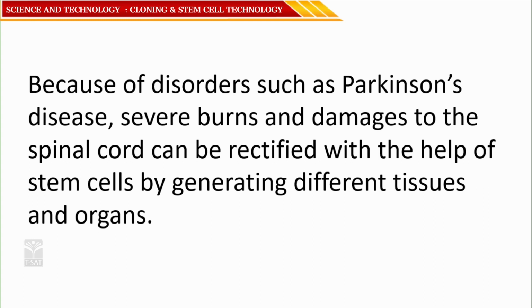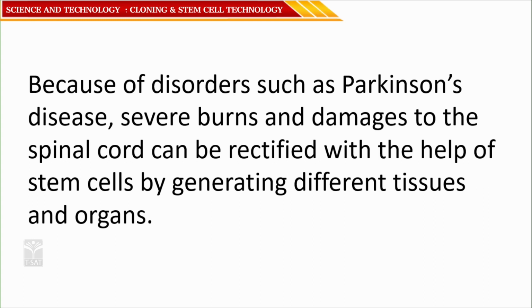tissues and organs. So what is happening here is there are certain diseases which are the result of degeneration of organs. For some diseases like Parkinson's disease, we don't have a perfect permanent cure. It impacts the brain, because of the degeneration of nervous tissue. Nervous tissue which has degenerated cannot be regenerated after a certain age, especially in old age.